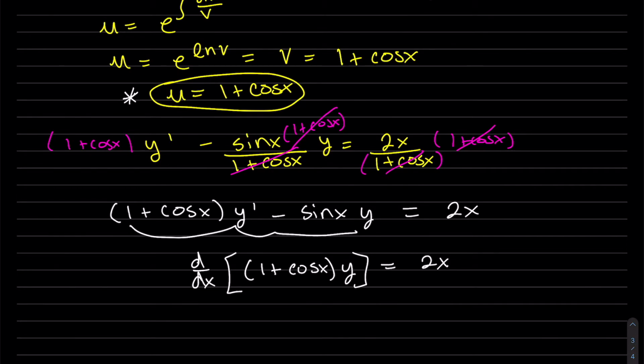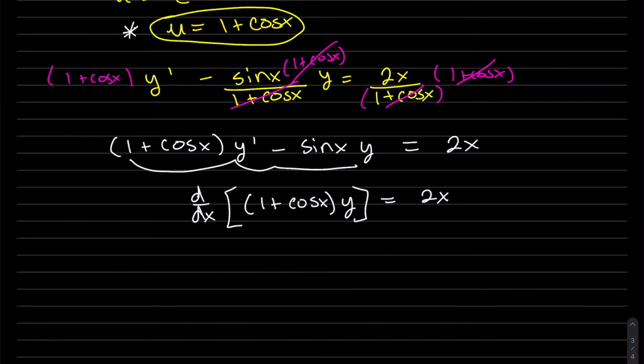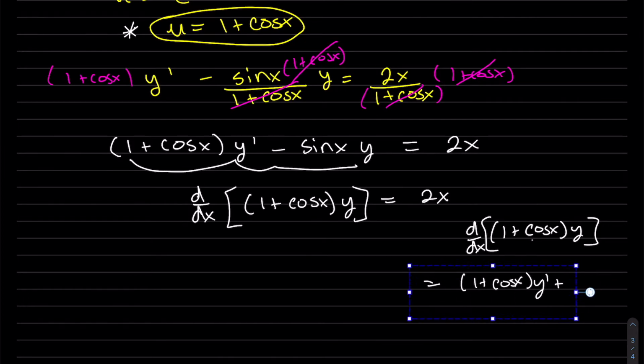So we want to check, so let's take the derivative of that, d dx of 1 plus cosine of x times y. It's equal to, we copy 1 plus cosine of x times y prime, and then plus y times the derivative of this, which is going to be minus sine of x.